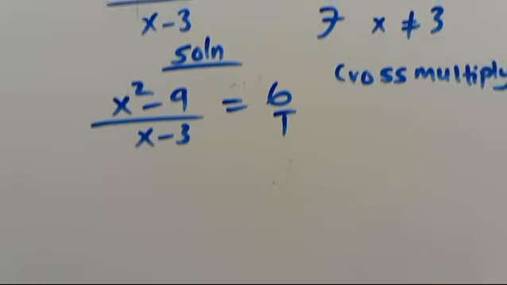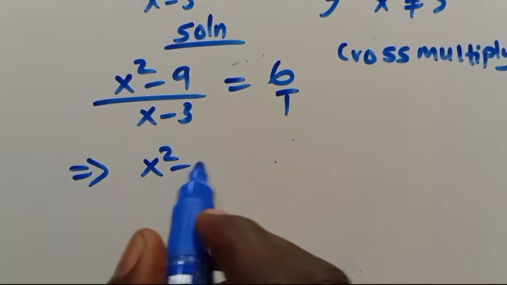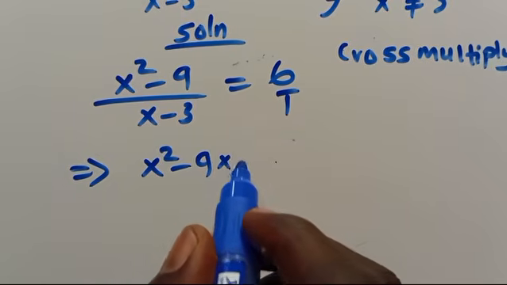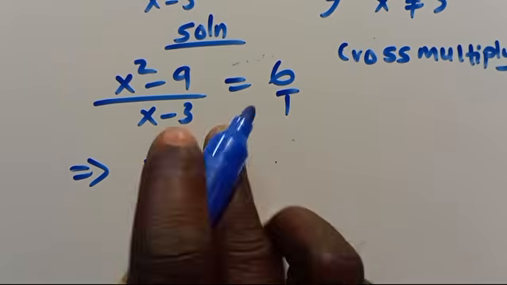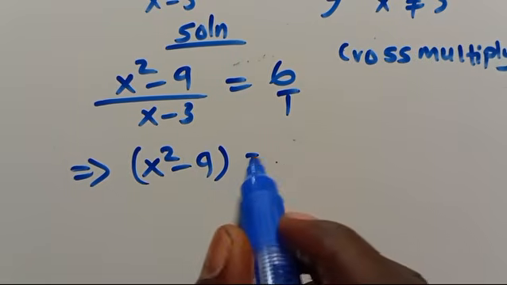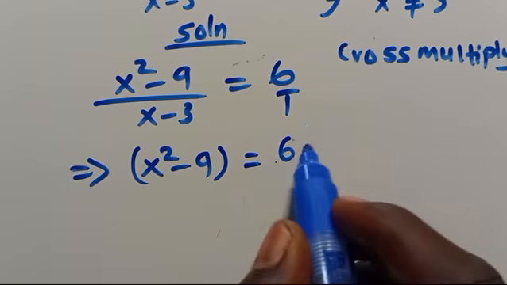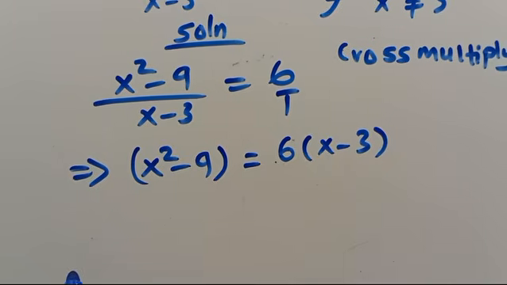When we cross multiply, we have (x squared minus 9) times 1 equals 6 times (x minus 3).